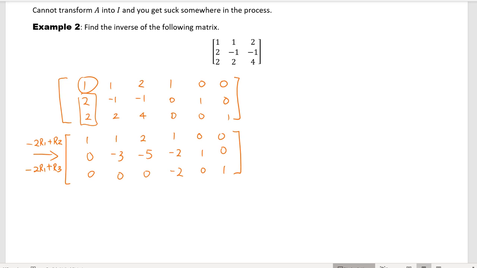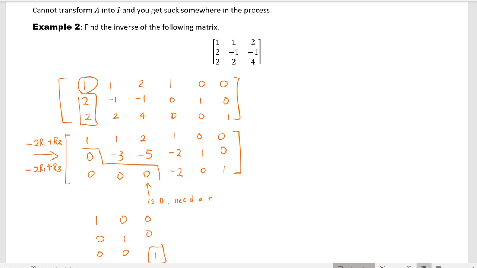Oh, do you see what happened? This is in echelon form, okay? But can you see this guy? This guy is 0. But in order to get the identity matrix, we at least need a non-zero number, right?